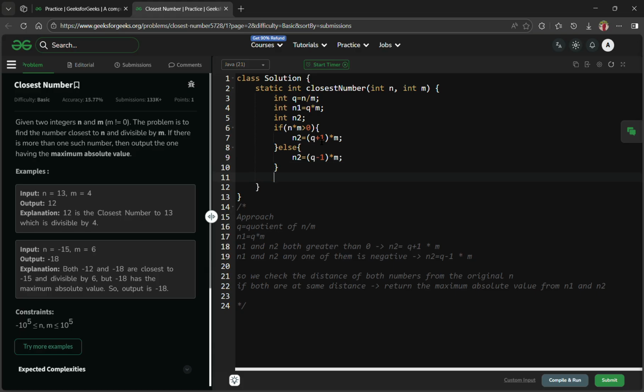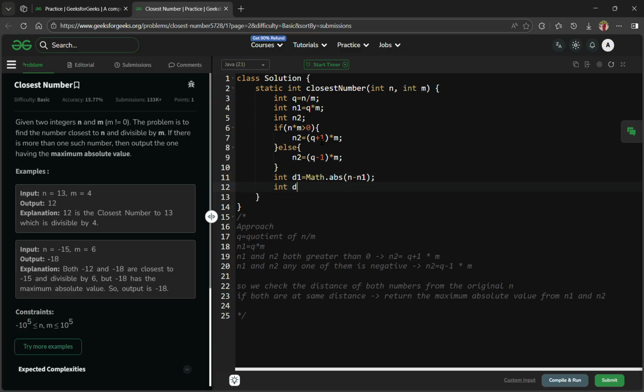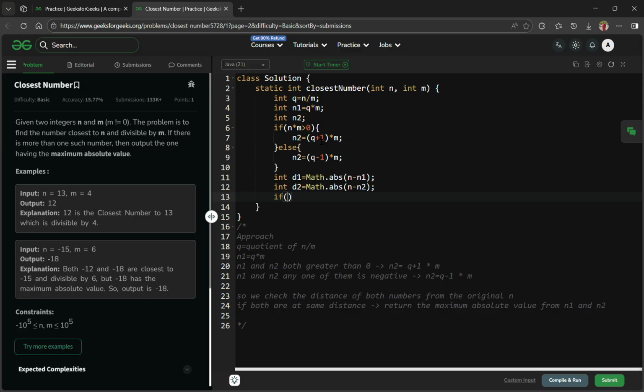So we check the conditions as we wrote in the below section. We calculate the distance: d1 is equal to Math.abs of n minus n1, d2 is equal to Math.abs of n minus n2. So the distances are calculated.